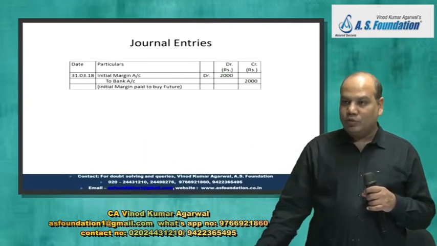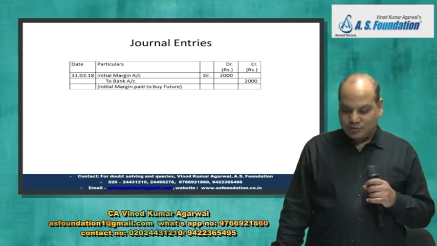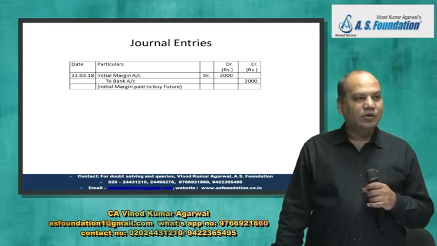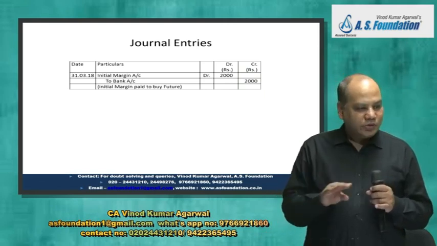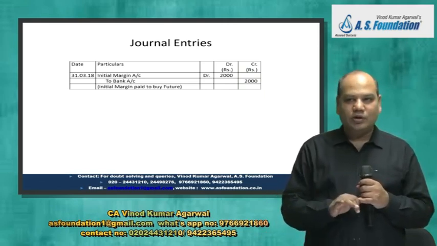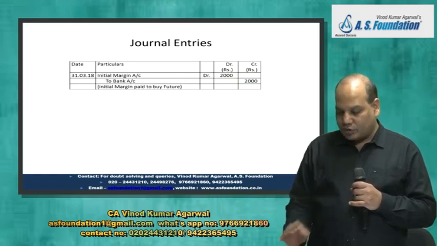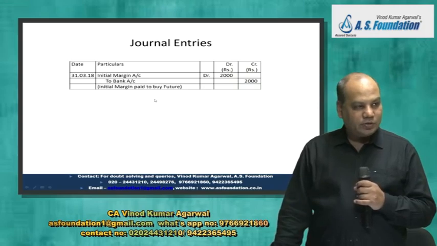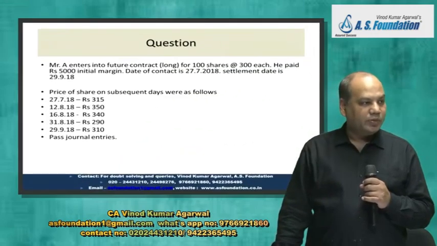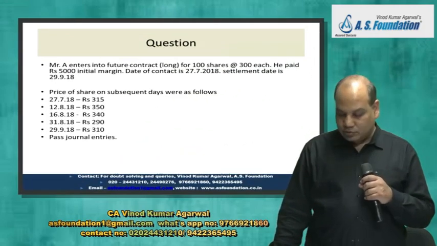And then next again you have to pay 2,000. Initial margin account debit to bank. My purpose of putting this question is just that you should know how the initial margin accounting is done. Being additional initial margin money paid. How much is the amount? 2,000. That's it.